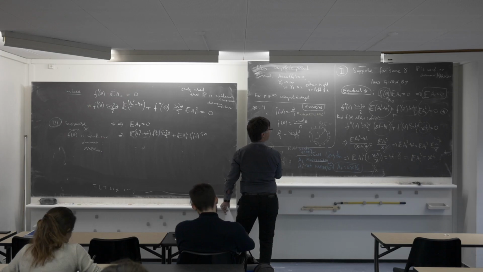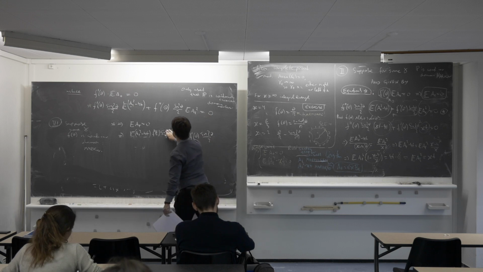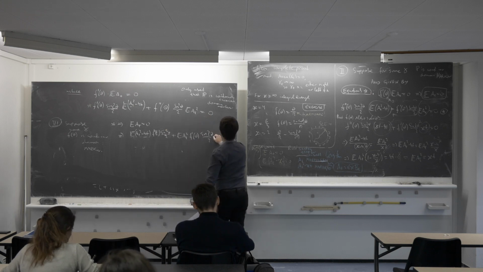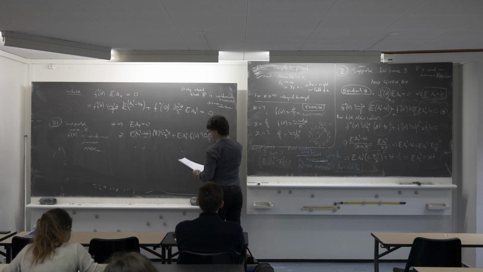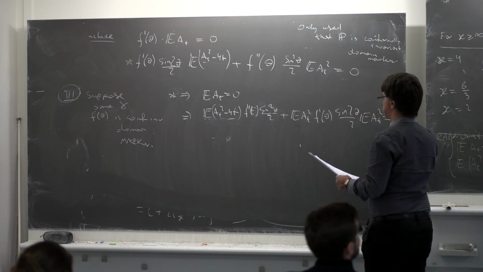So one of them was a square and one of them was just sine. This sine twice theta over 2 was sine square theta. The expectation of AT squared is equal to 0.